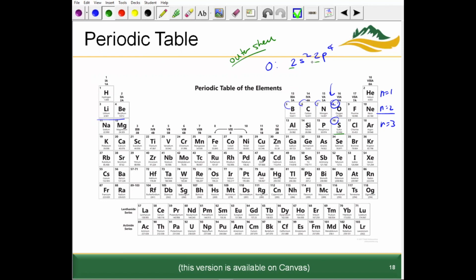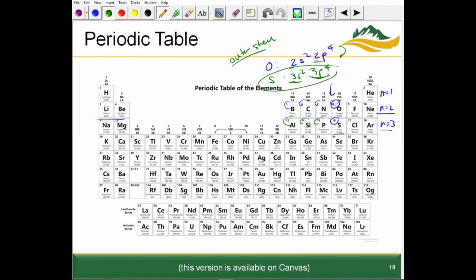So n equals 2 here for oxygen. Sulfur, n is going to equal 3. So this fills the 3s2, then 3p 1, 2, 3, 4. So they'll have similar outer shell electron configurations, 2s2, 2p4 for oxygen, 3s2, 3p4 for sulfur. So 2 and 2, 3 and 3, higher value for n, a smaller ionization energy.